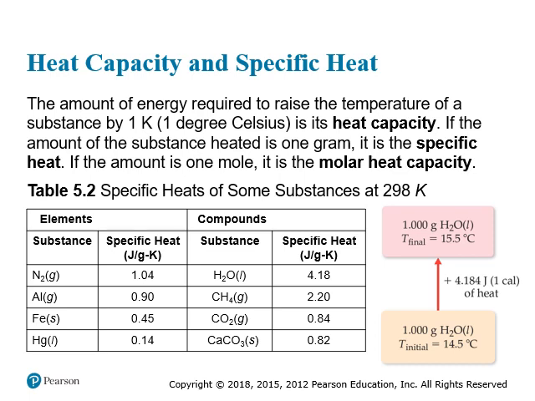If we look at the substances, calcium carbonate has a specific heat capacity of 0.82 joules per gram times Kelvin.